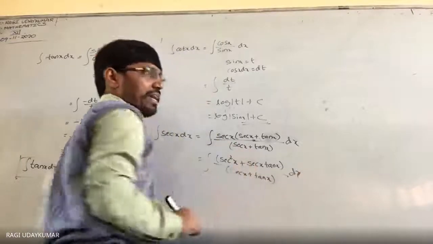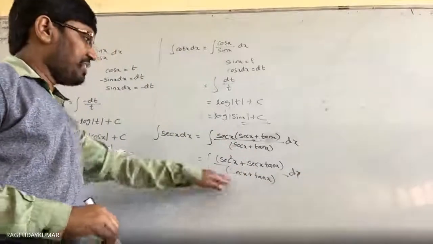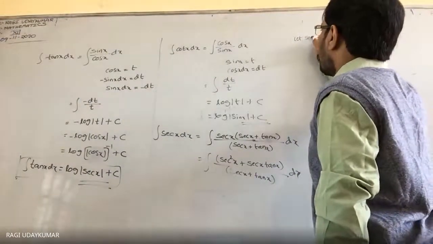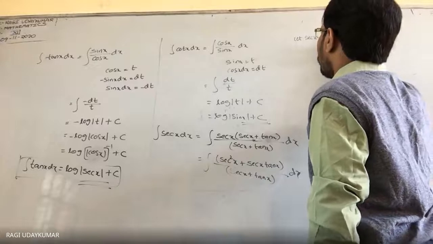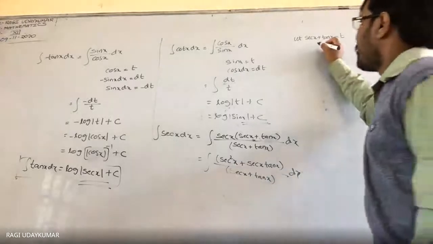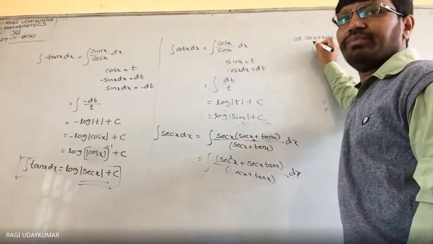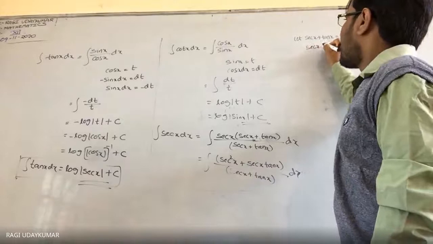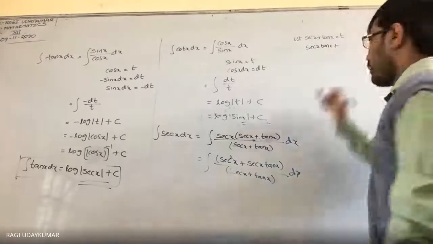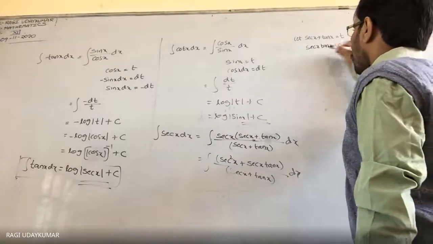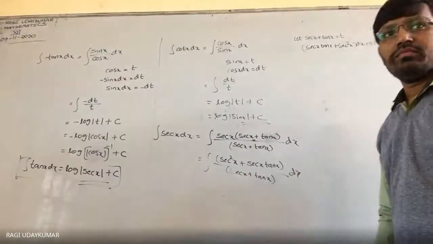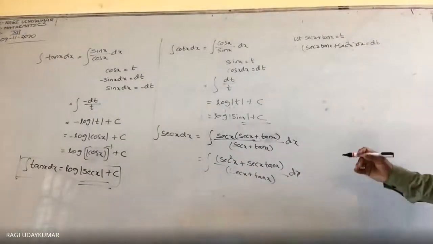Now the differentiation of this: let secant x plus tan x be equal to t. Differentiating with respect to x, the differentiation of secant x is secant x tan x, and the differentiation of tan x is secant square x. So dt is equal to the numerator times dx. Okay. So next.